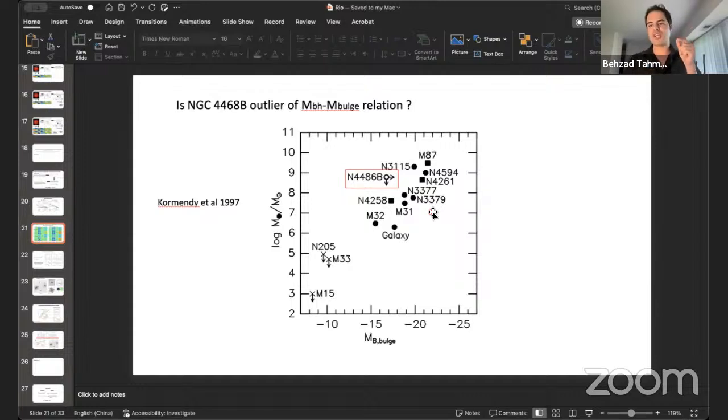And we cannot recover the black hole mass for 1% of the stellar mass.